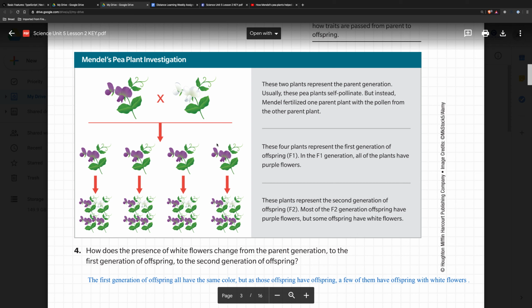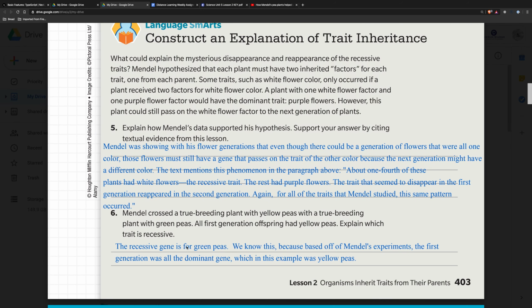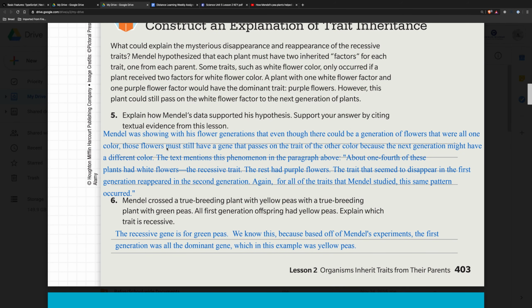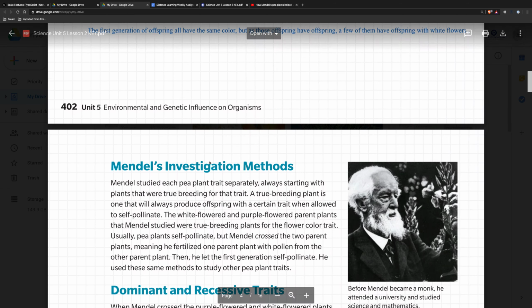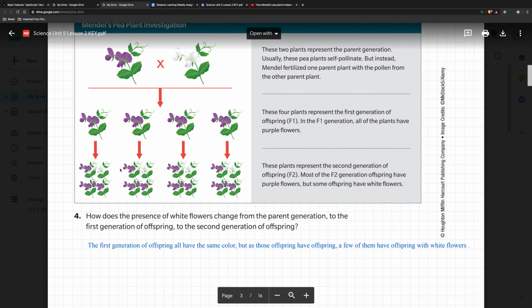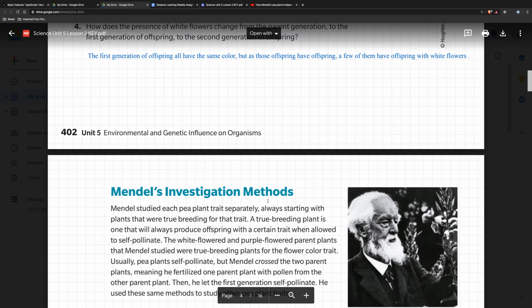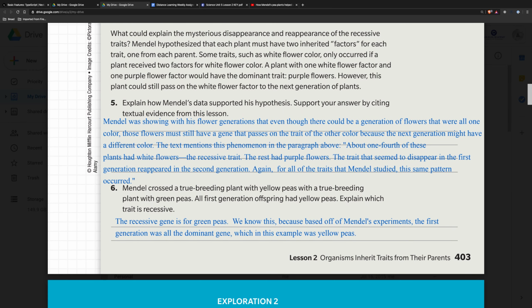But even if you don't see the recessive trait, the white trait, in offspring, like these ones right here, it still exists in the plant somewhere because it can get passed on later on. That's what his hypothesis was. And I talked about that describing the table, how you can see they disappear, but then they show up again later. So it seems like somehow this gene for the white has to get passed down, even though you can't see it.